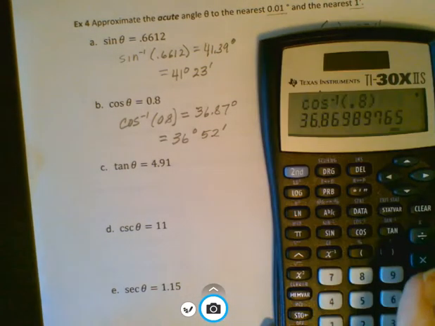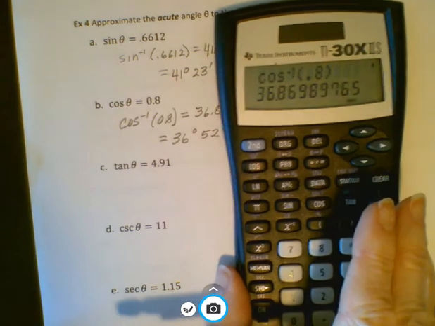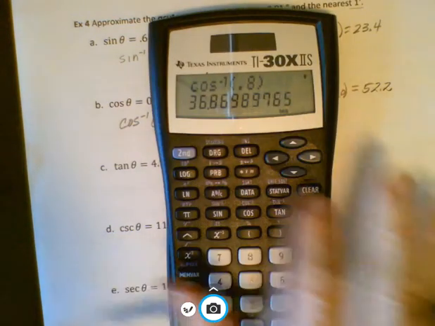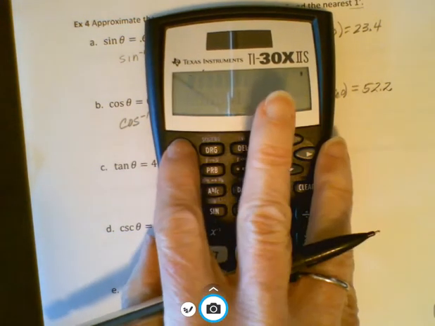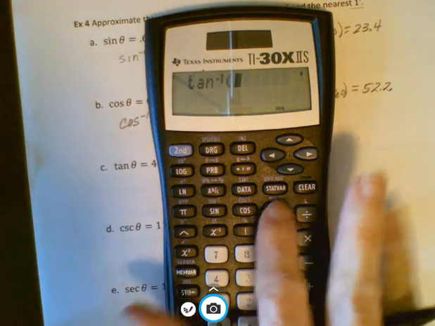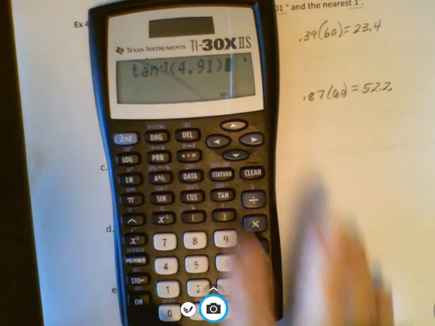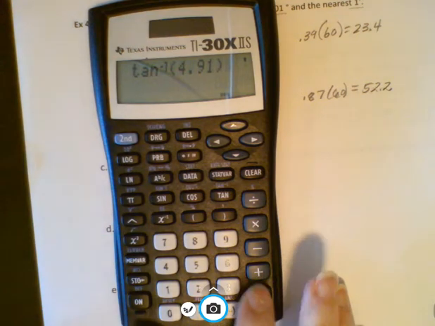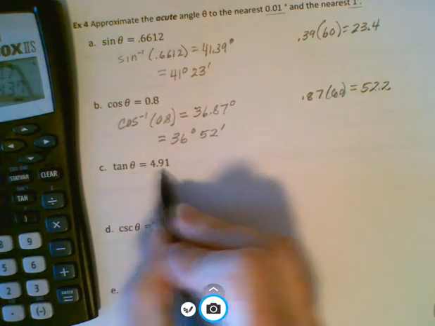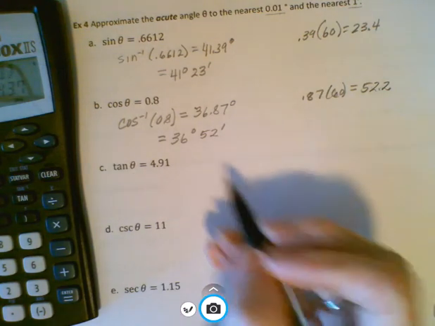So this is mainly a calculator problem. Tan, clear. So second tan, and we're supposed to put in 4.91. The inverse tan gives us what theta was if the tangent was 4.91.